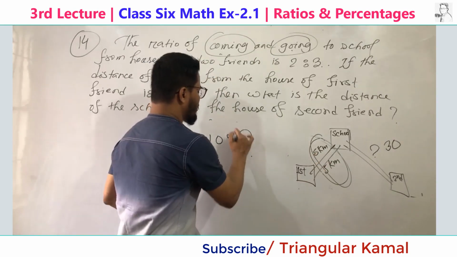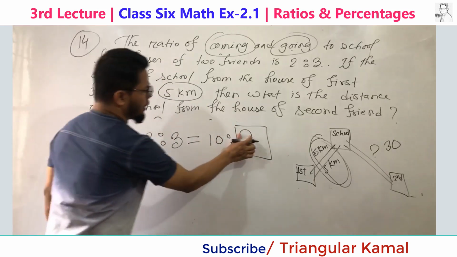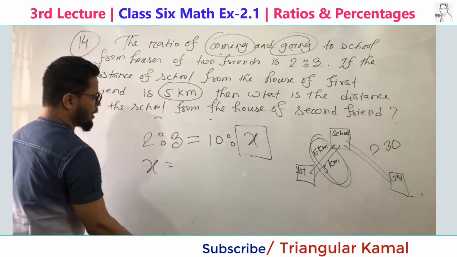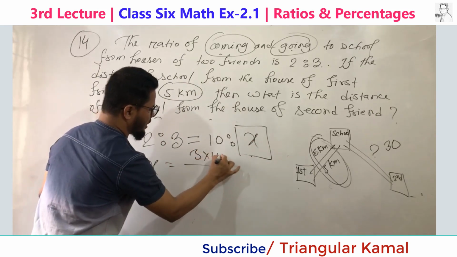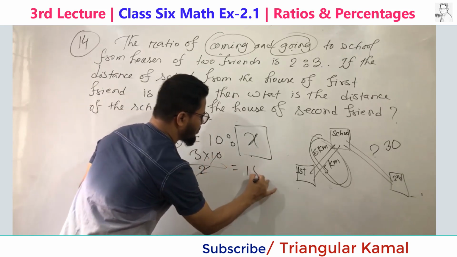So here the total distance is unknown. If you use the unknown quantity x, then x will be 3 multiply 10 divided by 2, that is 15.